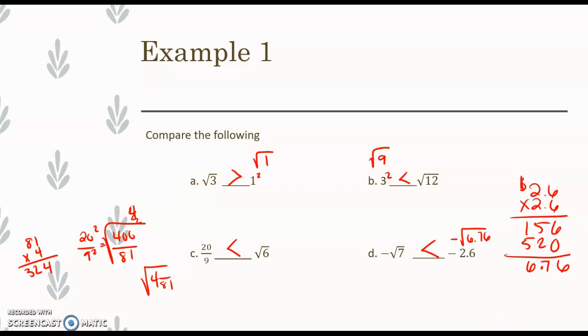And again, if you have a calculator, yes, by all means, you would make them into decimals. But unless you want to do what we were doing in 1.3, where we were making tables to estimate your square roots as decimals, then your next best bet is to change your numbers and square them and compare the squares together.